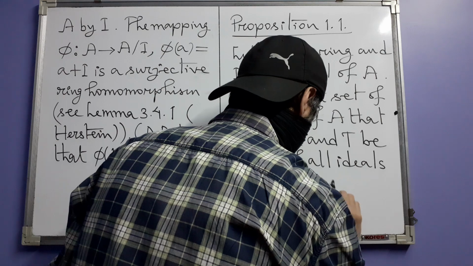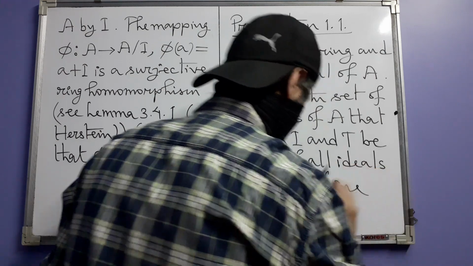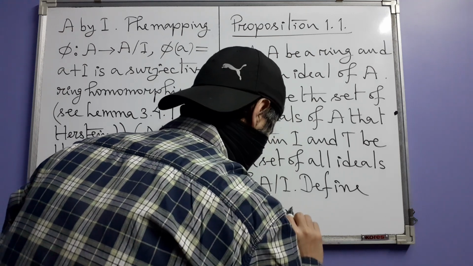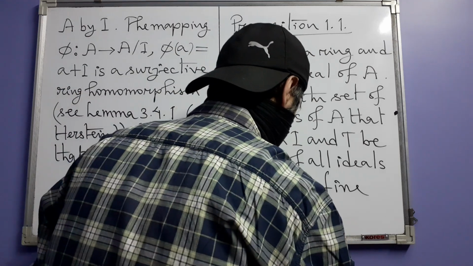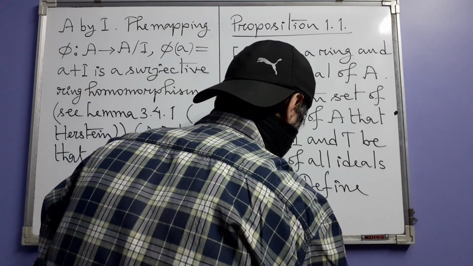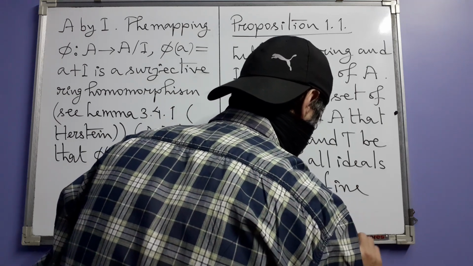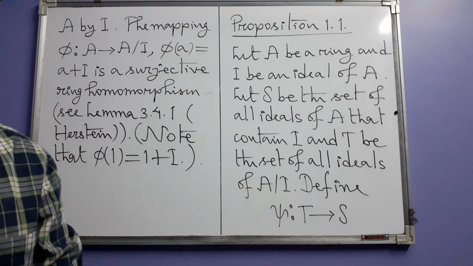Define a mapping psi from T to S. How are we defining this mapping?